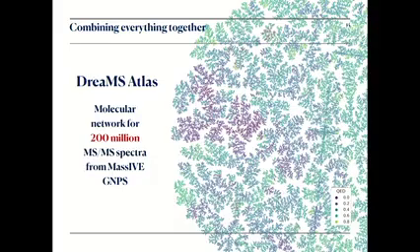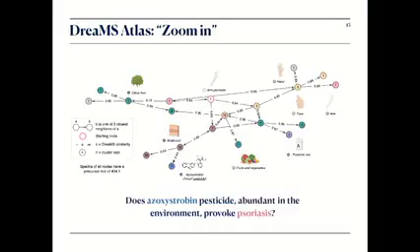And just to give you a flavor of what it contains, if we zoom into one specific node in this molecular network, we can see that it contains a lot of interesting information. Each point is one of these 200 million mass spectra, and it also contains metadata from MassIVE, such as the sample, the species of origin, or the description of the study.